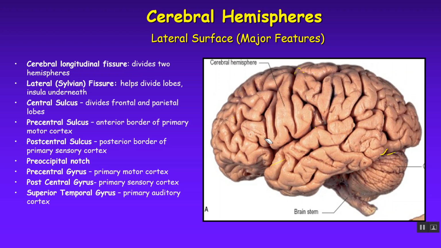Superior temporal gyrus. There's a gyrus right here. This is the temporal lobe. This region right here is the superior temporal gyrus. Right here is a region that I'm darkening in. That's the primary auditory area. When you first hear a sound, it goes to that primary auditory area, and it defines it as a certain type of sound.